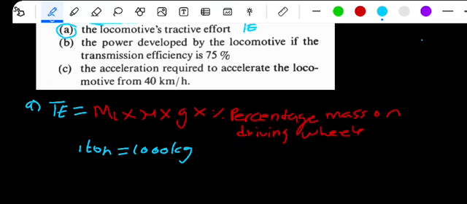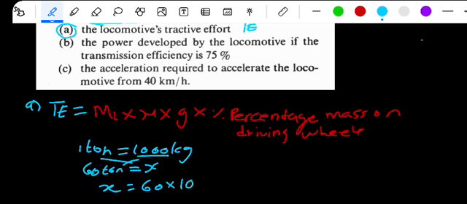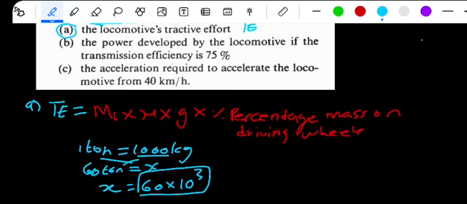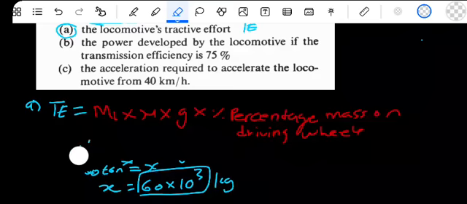So if you have 60 tons, you multiply by 10 to the power of 3, which is the same as times 1000. That is why you're supposed to substitute this. Now it will be in kgs.